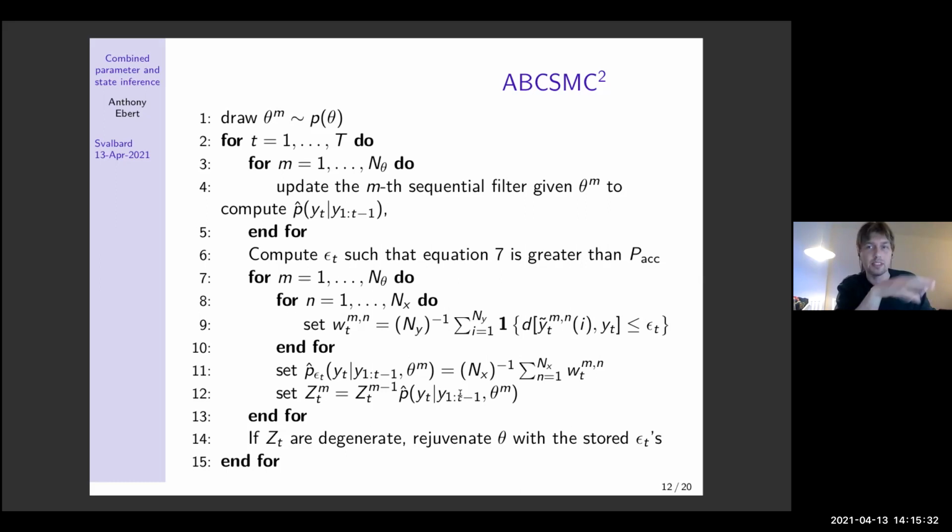And so what that means is that we've got to use the epsilons that we originally computed automatically, and we've got to remember those and feed them back in when we do the rejuvenation. So that means that we're comparing the same approximate posterior.